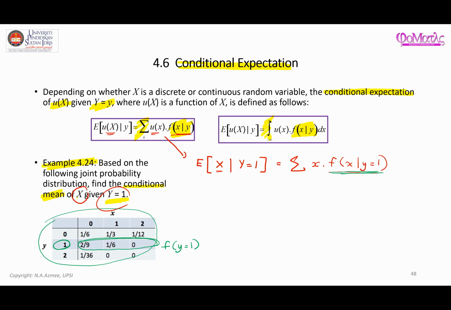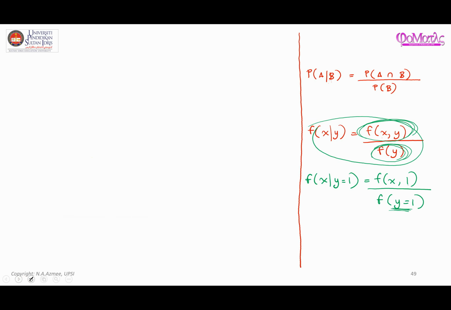If you add these probabilities, 2 over 9 plus 1 over 6, you will get 7 over 18. So here is the result. At the bottom here is 7 over 18.